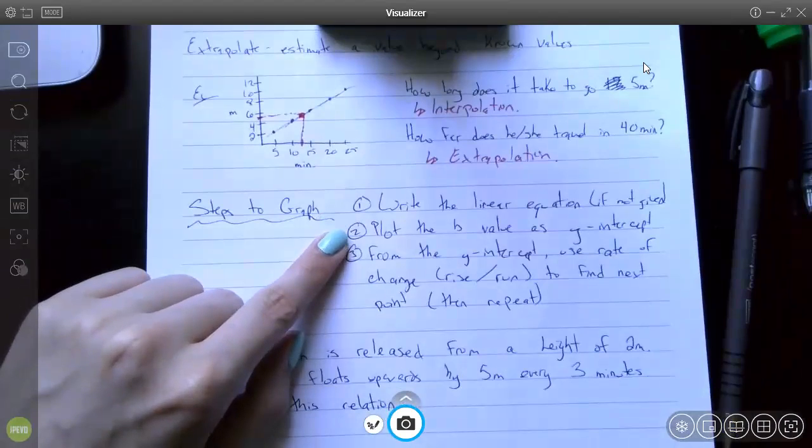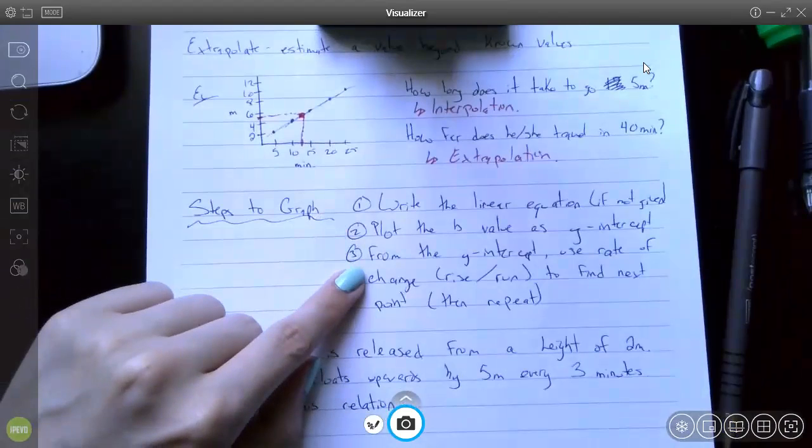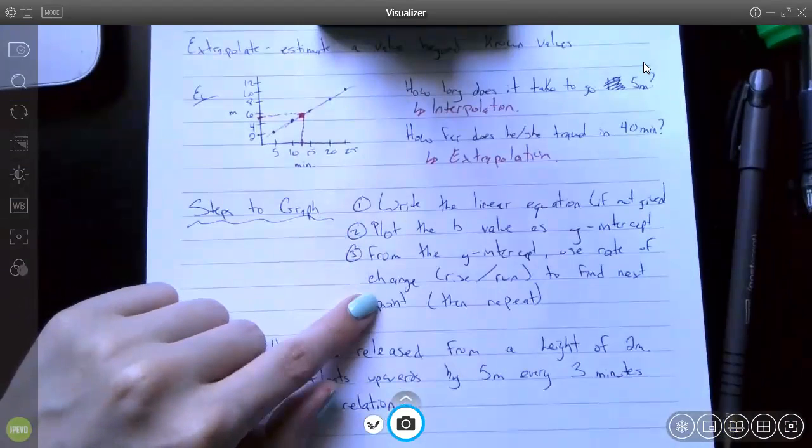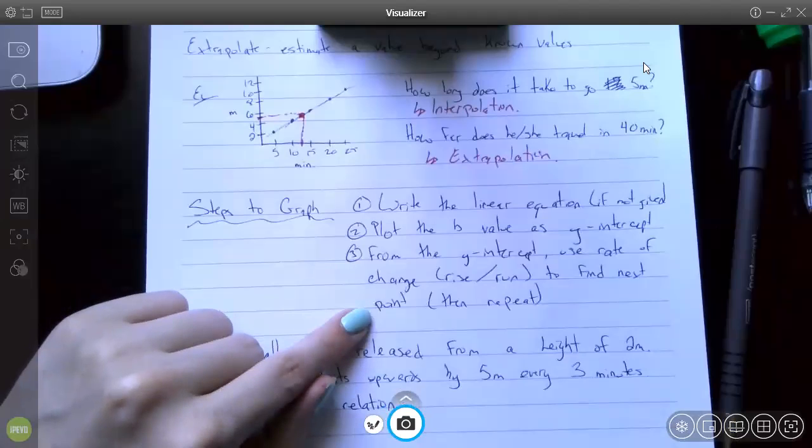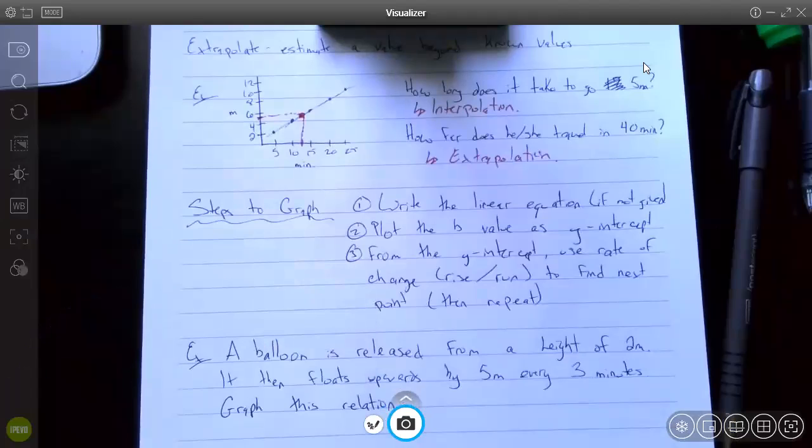If you remember, your b value is just your y-intercept, so that'll go on your y-axis. And then from that y-intercept, you will rise and run to your next point, using your rate of change to find the next point. And then you'll do that one or two more times until you have enough points that you can connect them with a straight line.